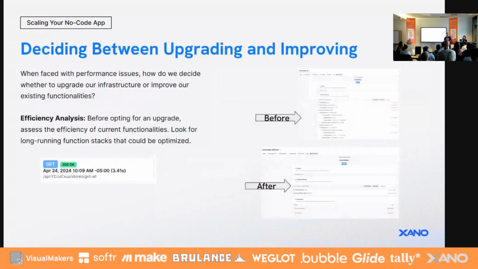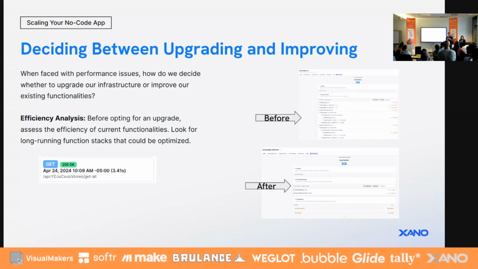Now, deciding between upgrading or improving. One point I do want to make is that when it comes to development, whether that's traditional or in a no-code space, it's going to be an iterative process. You should always be looking for areas of improvement and optimization. But in the example of our e-commerce application, maybe this question comes up when we see this high usage spike, right?